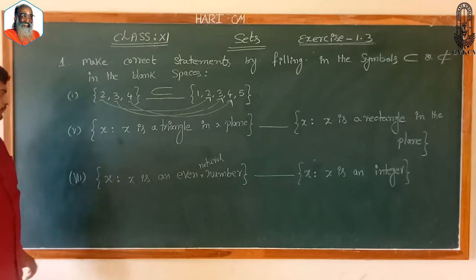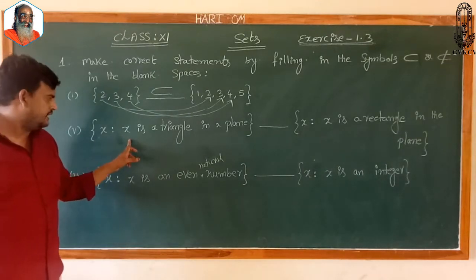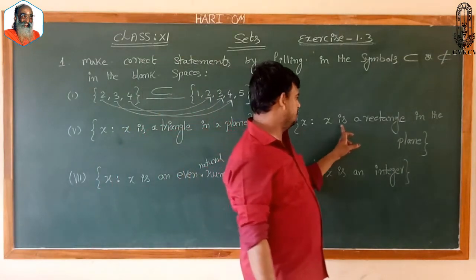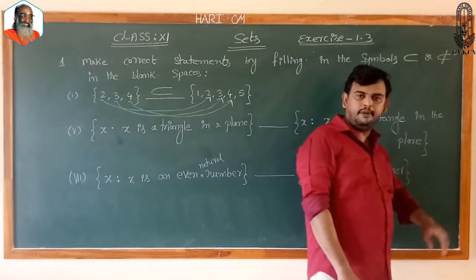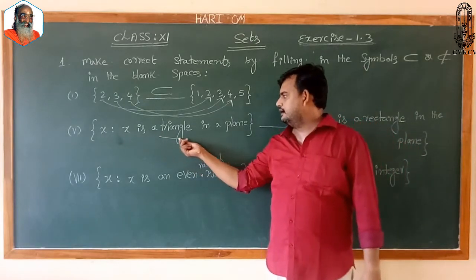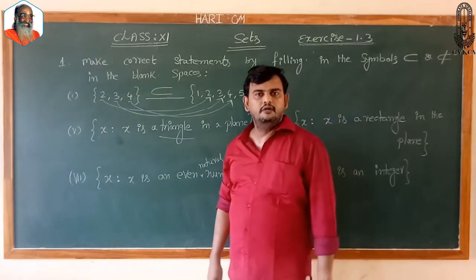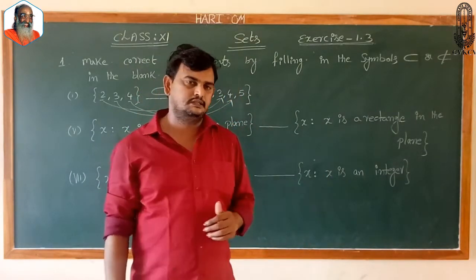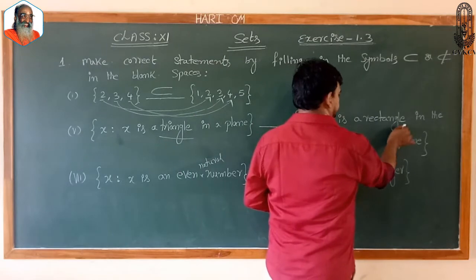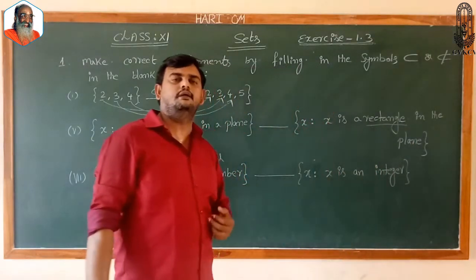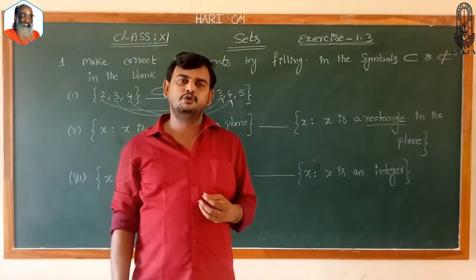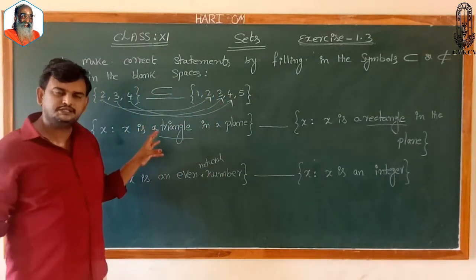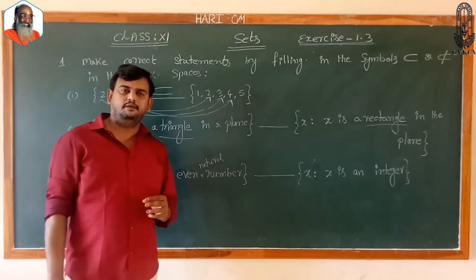Now the fifth one: x such that x is a triangle in a plane, and x such that x is a rectangle in the plane. A triangle is a closed figure bounded with 3 line segments. A rectangle is a quadrilateral, a simple closed figure bounded with 4 line segments. So there is no relation between triangle and rectangle.